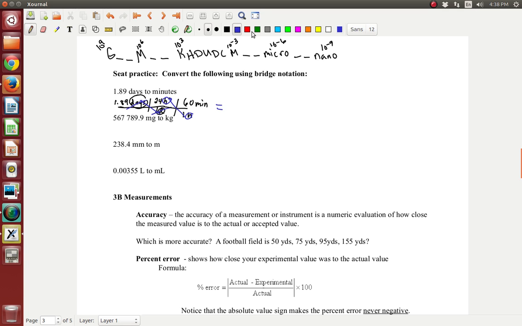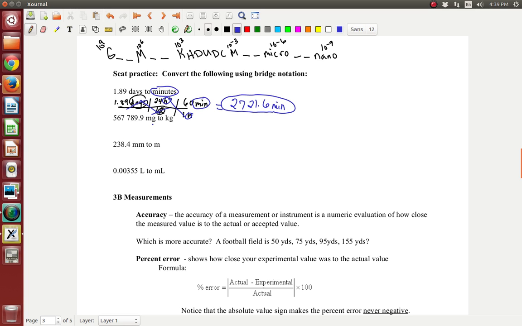And when you put that in the calculator and multiply it all the way through, that is 2,721.6. And the unit that we did not cancel out is minutes. This is the bridge notation, and I wanted it in minutes. My units that I did it's in minutes. So there's the final answer.